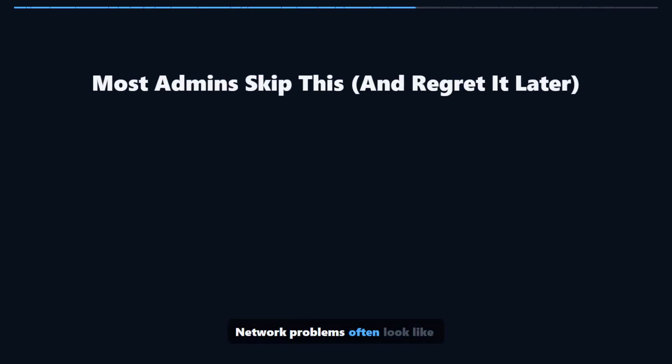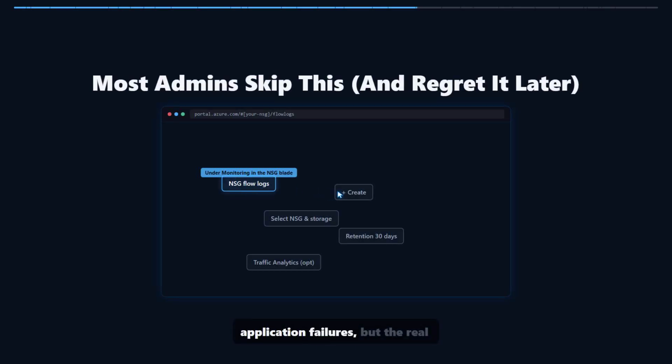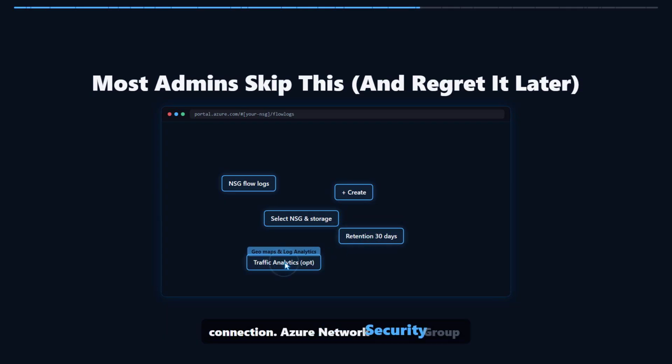Network problems often look like application failures, but the real cause is frequently a blocked connection. Azure Network Security Group flow logs capture every allowed and denied network flow, giving you the evidence needed to identify exactly where communication stopped.